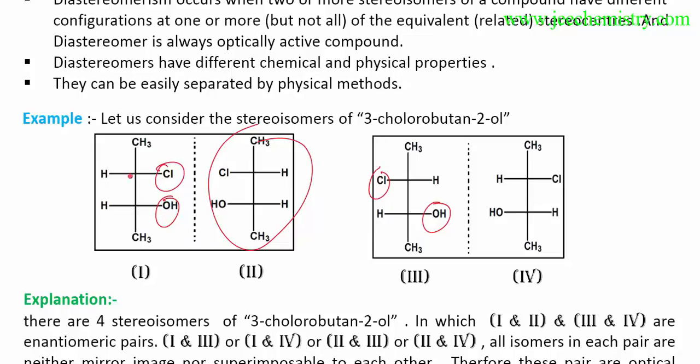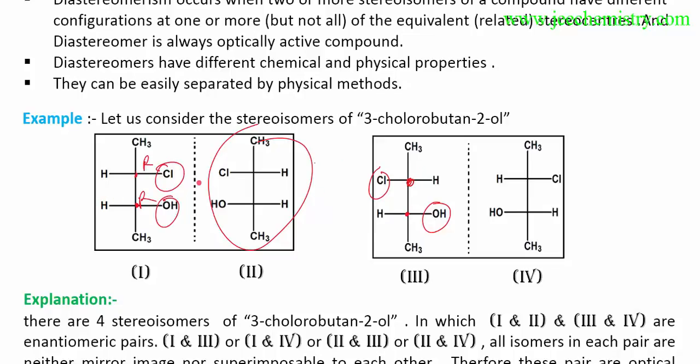The third condition is that if two chiral centers are there, then at least one chiral center must have a different absolute configuration in each compound. Suppose this compound is R, R. I am not actually saying these are the absolute configurations, I am supposing that if two are R absolute configuration, then this compound must have at least one different stereocenter.